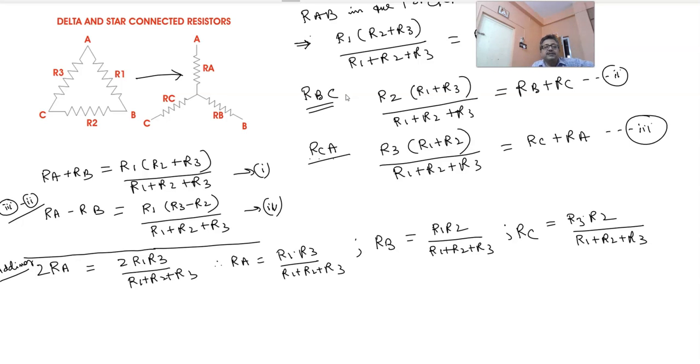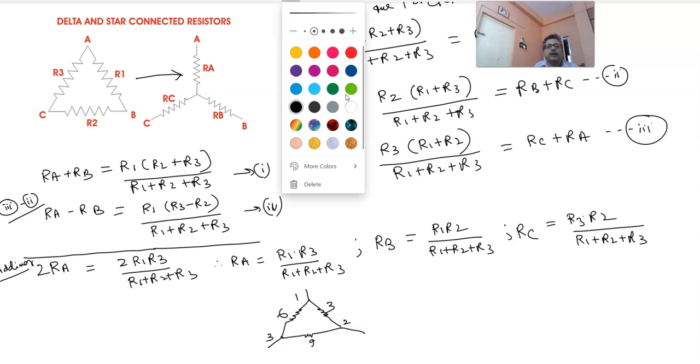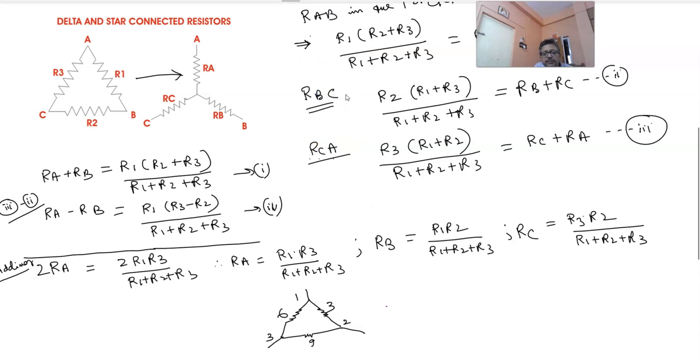If you have taken three resistors in this manner, just like this, you find the equivalent. This is what?